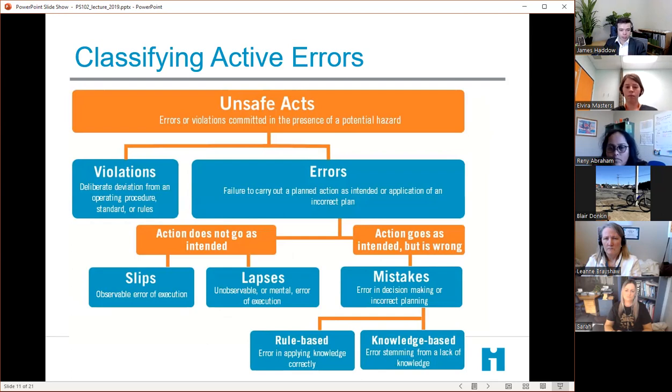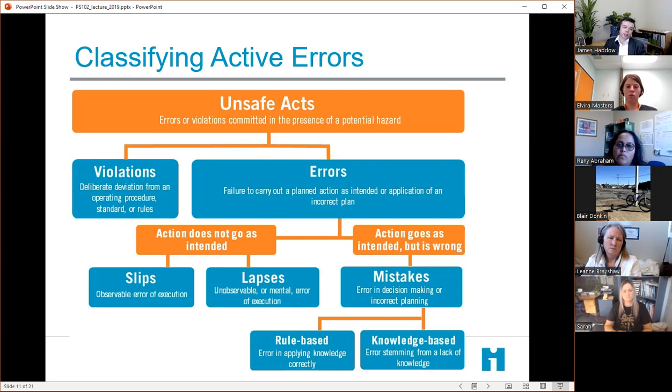Okay, so violations are deliberate. They are where somebody has chosen to do something despite their knowledge that they should not be doing it.